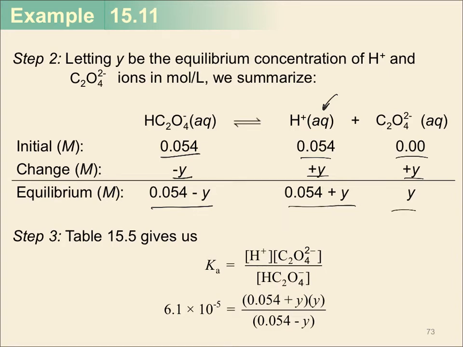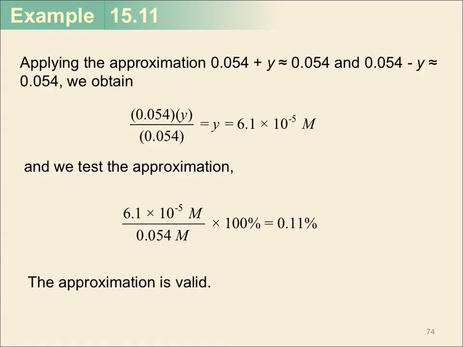Okay? Now, the Ka for the hydrogen oxalate ion is 6.1 times 10 to the minus 5. So when I put this into my equation, I get 0.054 plus y times y over 0.054 minus y. Now, we can still do our approximation.